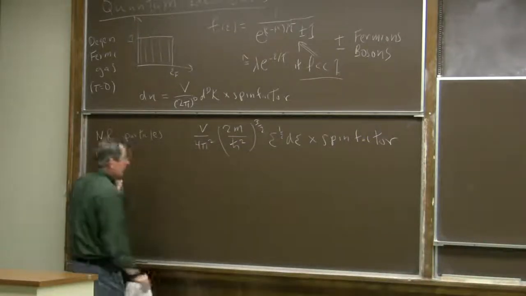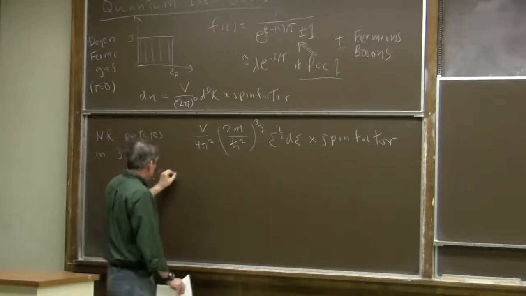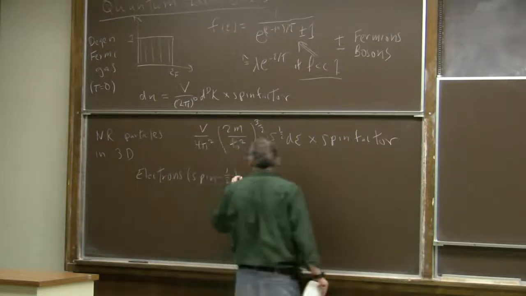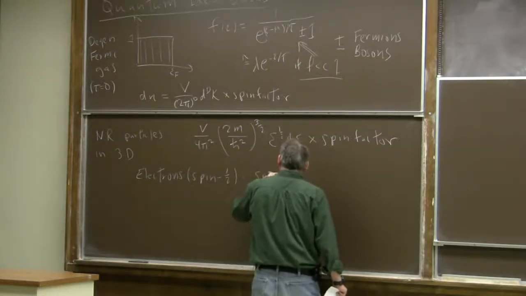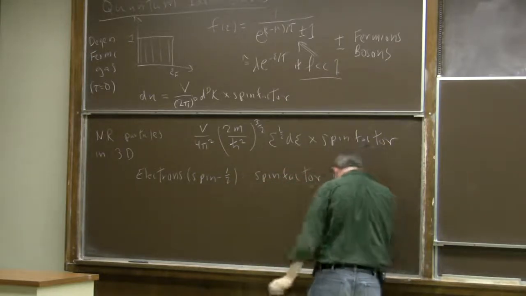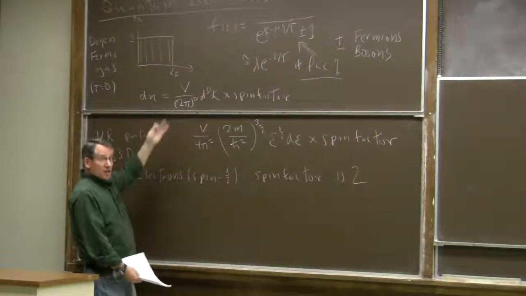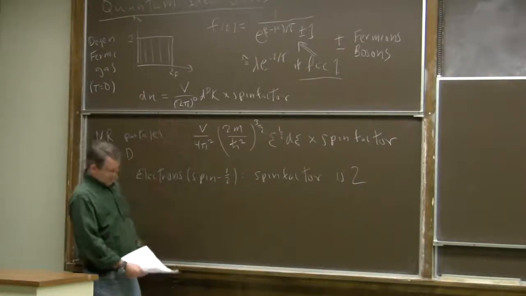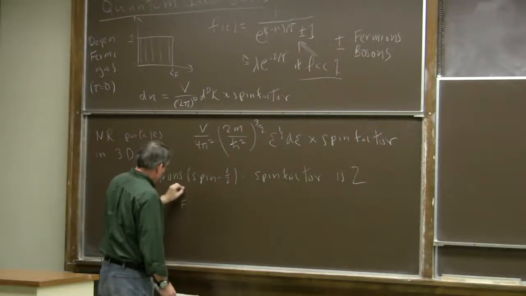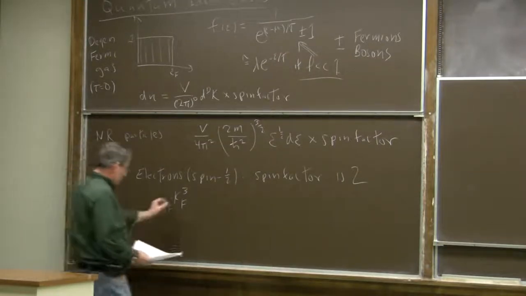So in the case of electrons, for example, or spin 1 half fermions, there are 2 spin states, so the spin factor is 2. In the degenerate case, we fill up all the orbitals up to some maximum value of the wave number, the Fermi wave number, just by integrating that density of orbitals and including the spin factor.